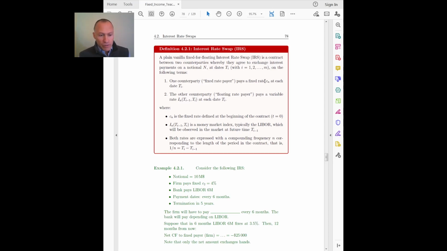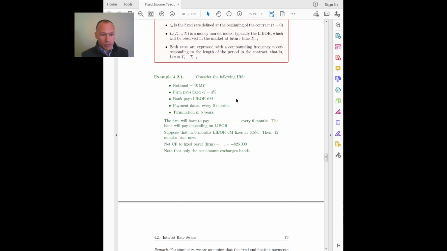The fixed rate will now be denoted by C, and the C comes from coupon because, as you already know, this will look like a fixed rate bond that would pay a coupon. And the other leg, which is paying a floating rate, will look like a floating rate bond, okay, as usual.